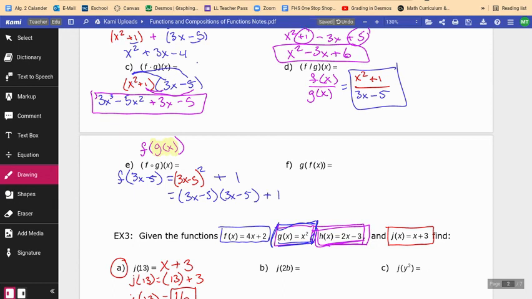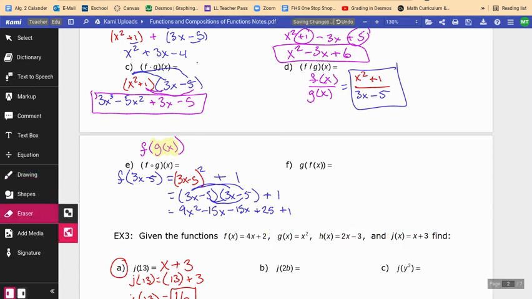And so again, I have to multiply. 3x times 3x is 9x squared. 3x times negative 5 is negative 15x. Negative 5 times 3x is negative 15x. Negative 5 times negative 5 is a positive 25. And then I still have this plus 1.